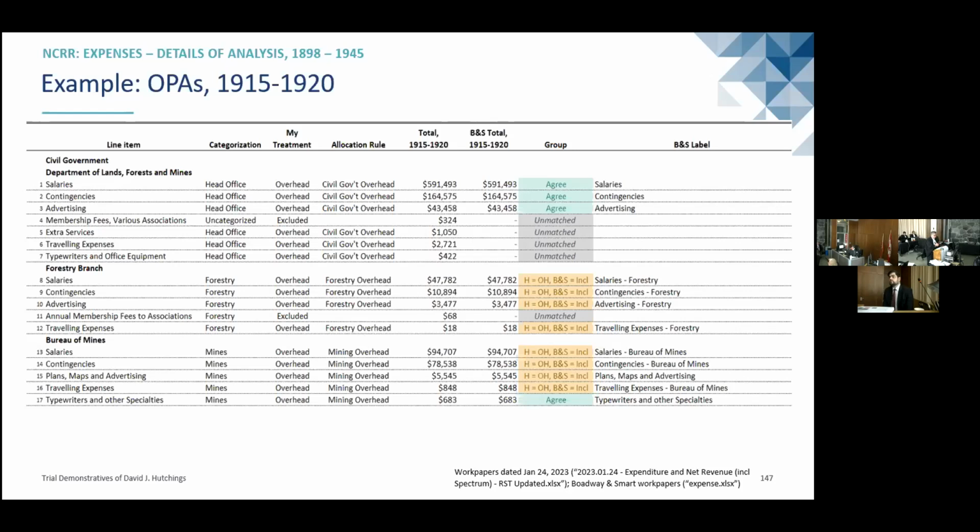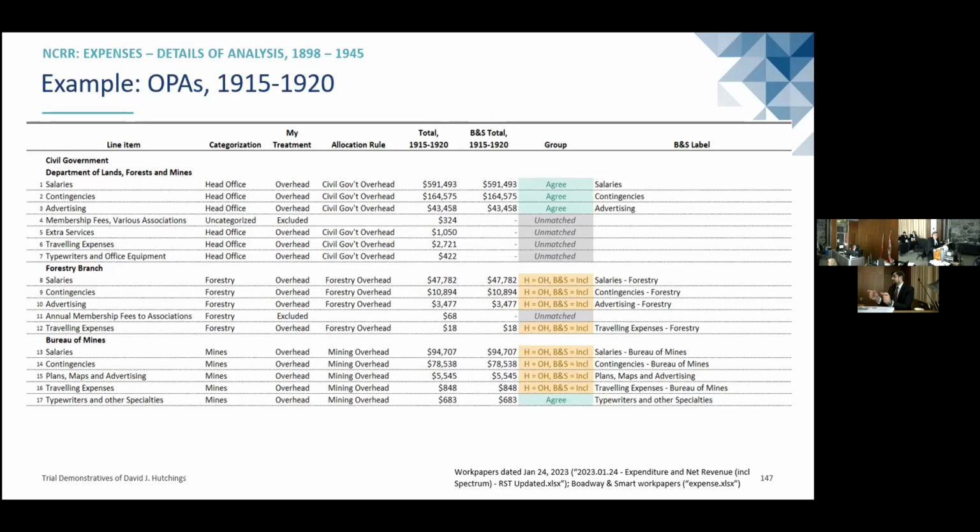Oh, sorry. I see your point. The fact the number in each of those two columns is the same, sticking with the first row, 591493, 591493, just means that we agree on the number. You counted up the salaries the same way. Exactly. I've included those just to show that.